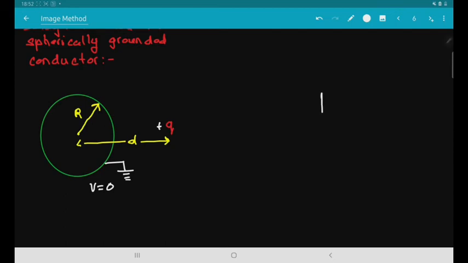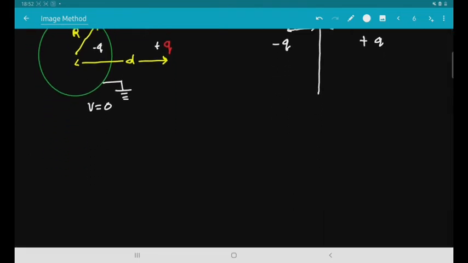Now for the plane surface, what we did was take the image charge at the exact same distance where the actual charge was present, but in the opposite direction. We took here minus q charge. Now in case of a sphere, that will not be the case. The image charge, yes, will be negative, but it will not be at the same distance from the surface, because here the surface is curved.